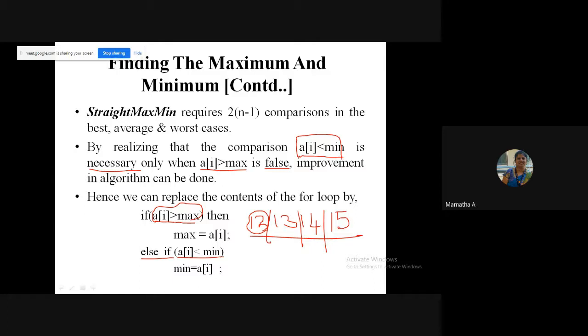How many times will this be executed? Can you get the point? How many times will this condition, A of I greater than max, be executed if my array is in ascending order?